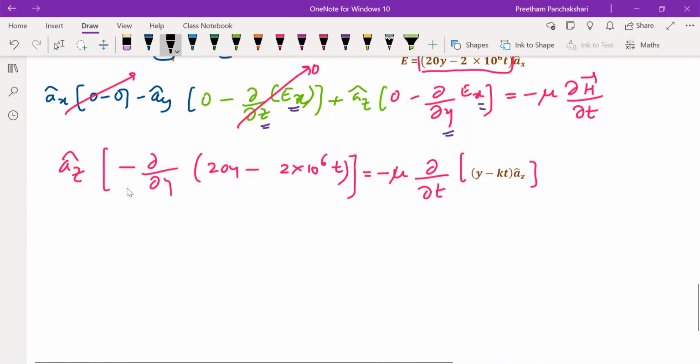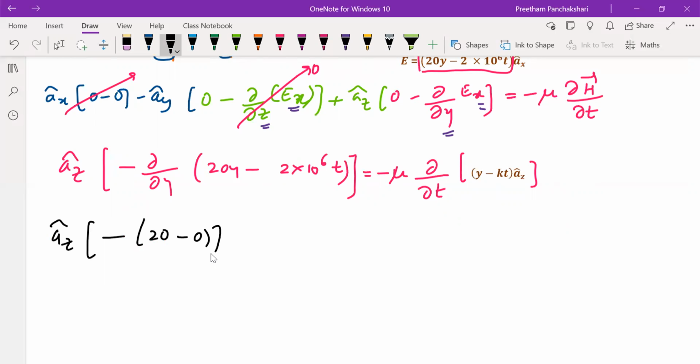Now let us go for differentiation with respect to Y. Differentiation of 20y is 20, minus this completely goes to 0, no y there. It is equal to minus mu differentiated with t. Then differentiation of y is 0. Differentiate with t means minus k into A cap Z. So on both sides the unit vector is A cap Z. Cancel it.